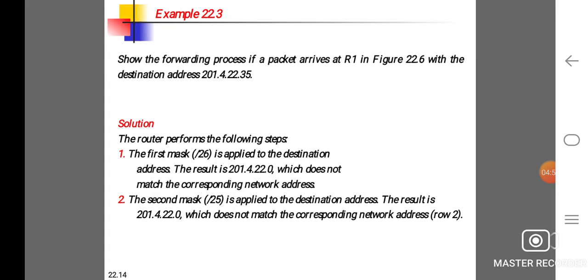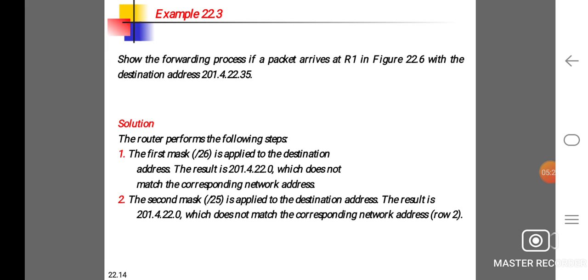Example 22.3 shows the forwarding process if a packet arrives at R1 in figure 22.6 with the destination address 201.4.22.35. The router performs the following steps. The first mask 26 is applied to the destination address. The result is 201.4.22.0, which does not match the corresponding network address.